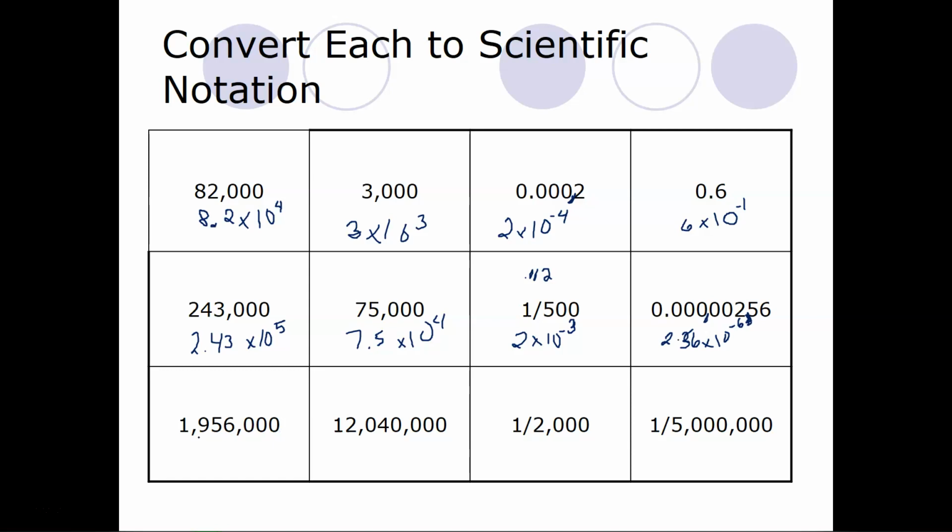So I go up to my first number in this whole number, and that's a 1. So I end up with 1.956 times 10 to the 6th.